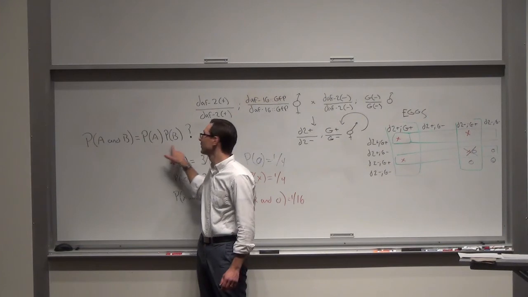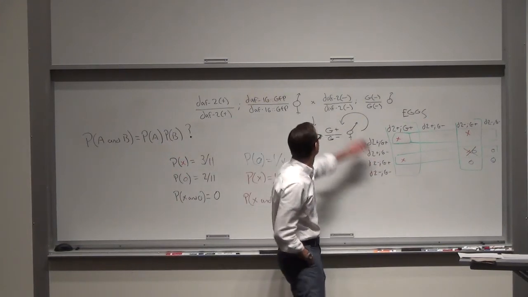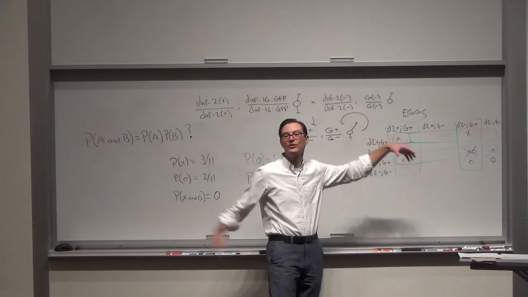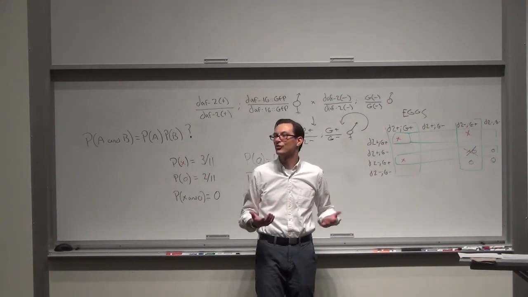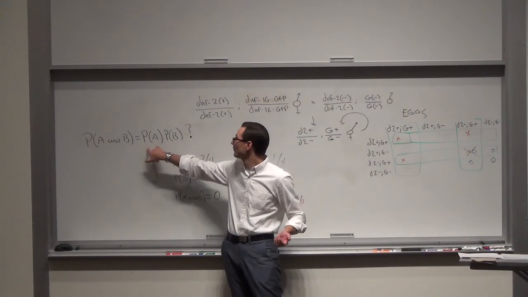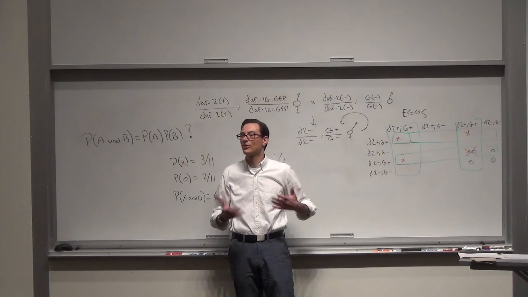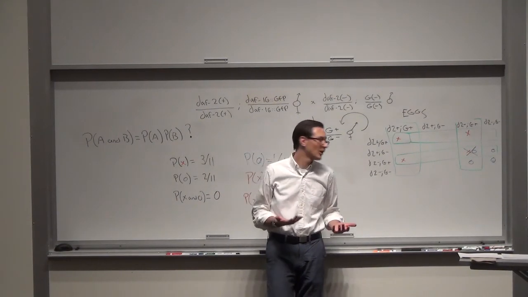That A has nothing to say to B. And when these are completely isolated on different chromosomes and there's no interaction and the worm isn't sicker with both of them than either, then they're independent. But if all of a sudden these two factors start interacting in some fashion, we can no longer guarantee independence.